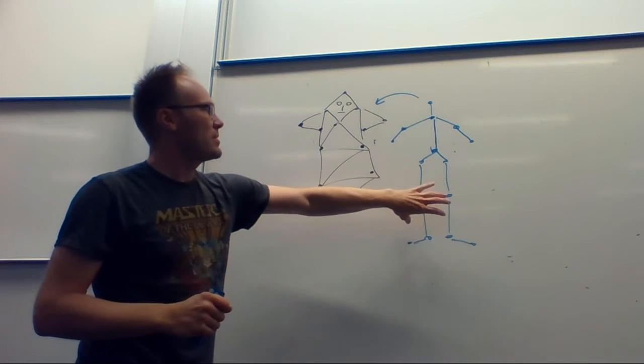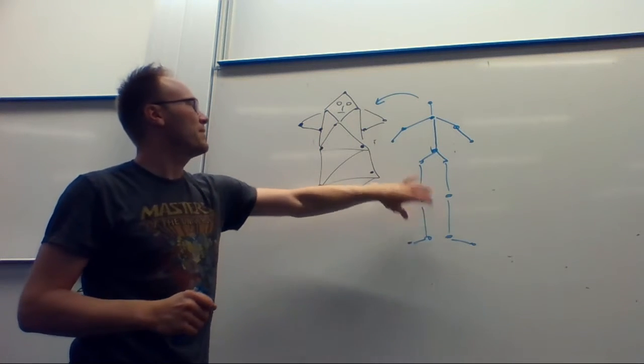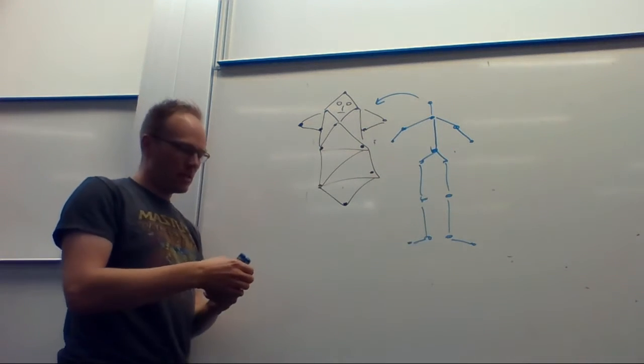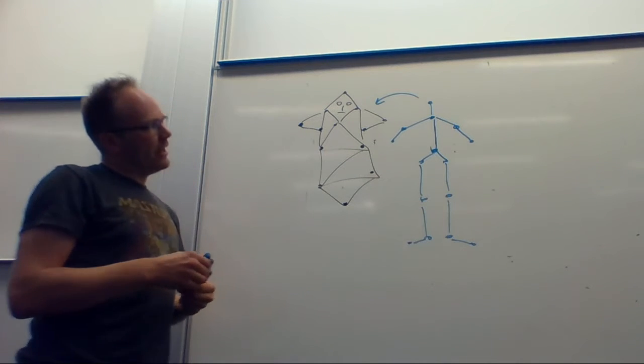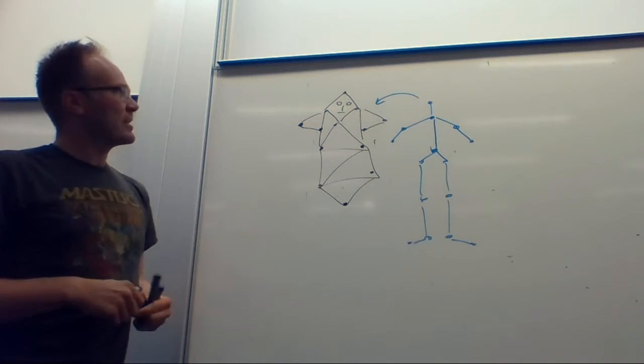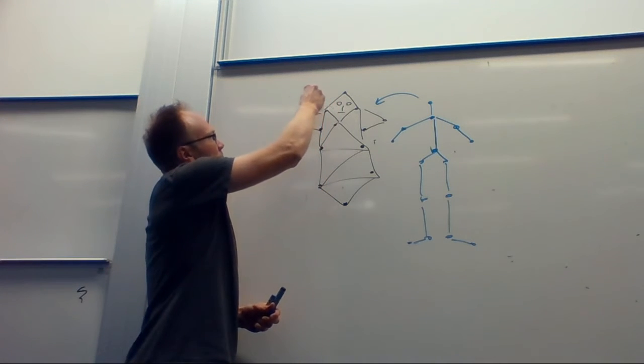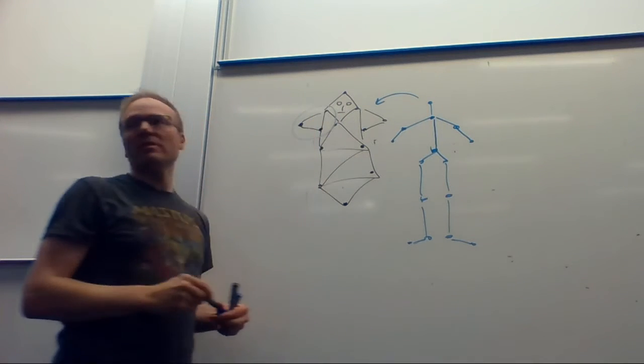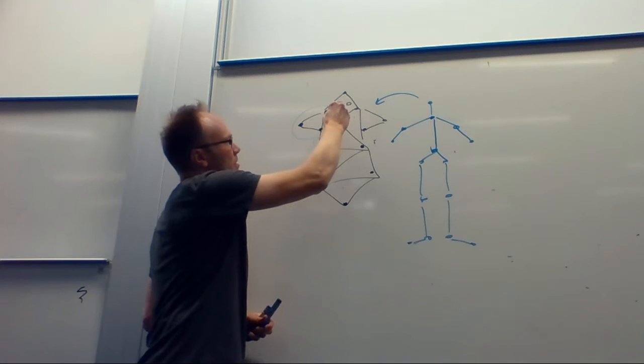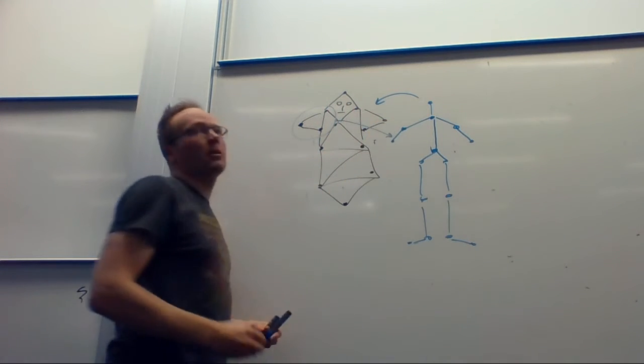When you associate a bone structure or skeleton with a model like this, if you're doing this by hand yourselves, what you're doing is that you're taking a group of vertices like this group, and you're binding the group to a specific bone.